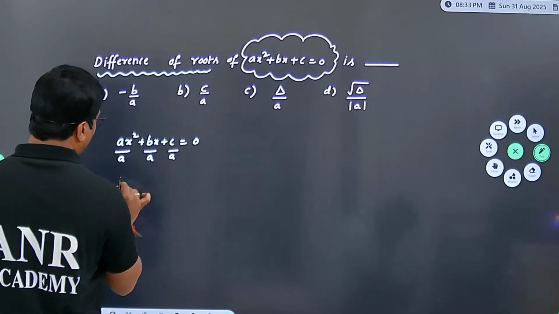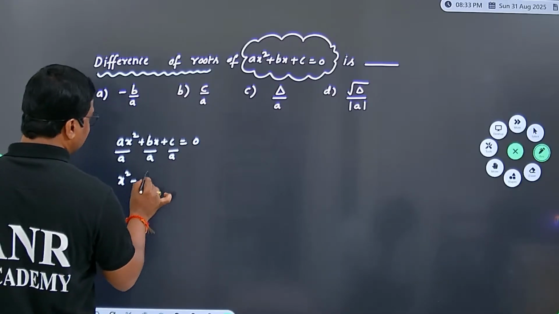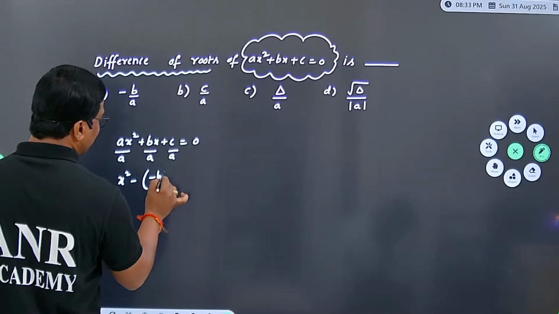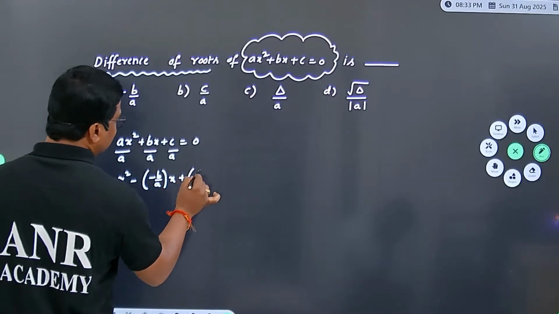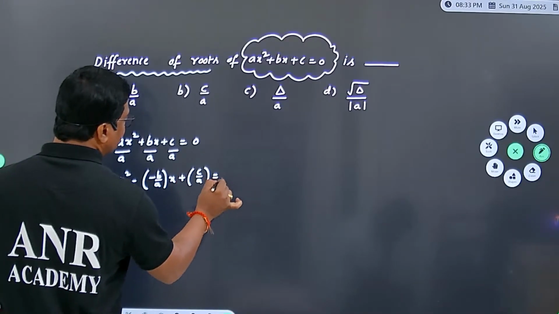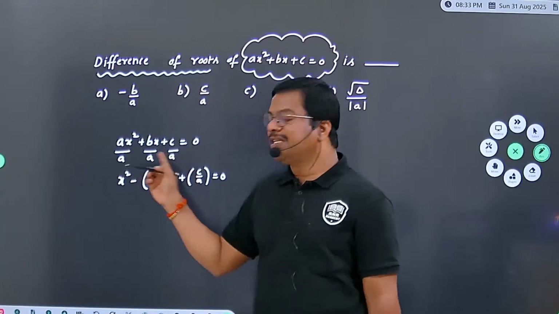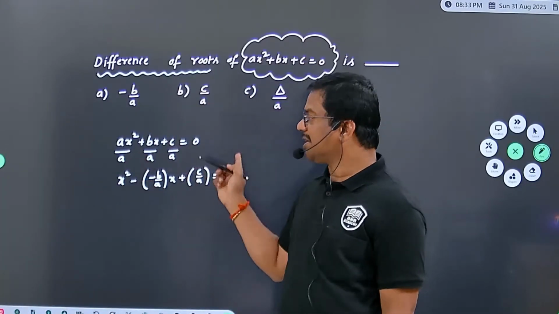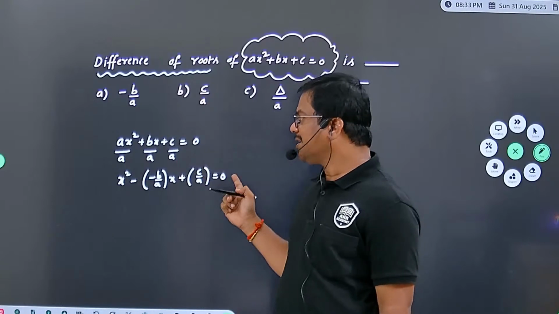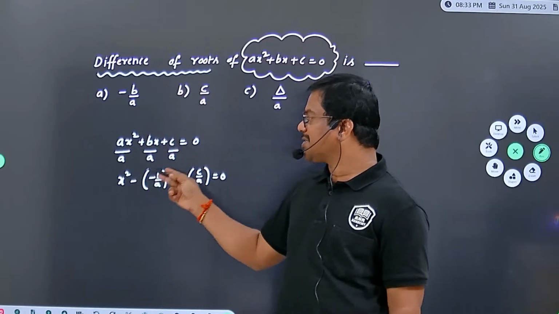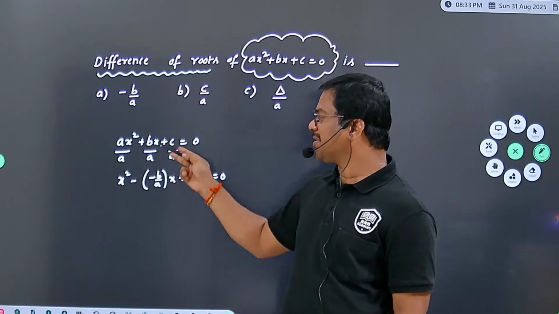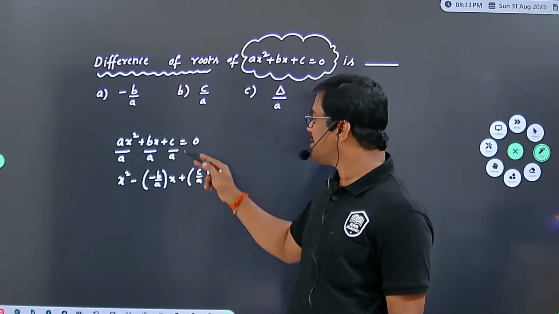What happens? X square plus b by a into x plus c by a equal to 0, I can write, after dividing each and every term by a on both sides, 0 by a is 0, and we get x square minus of minus b by a into x, that becomes plus b by a into x, plus c by a.